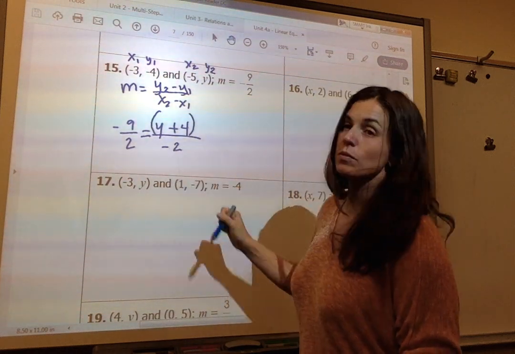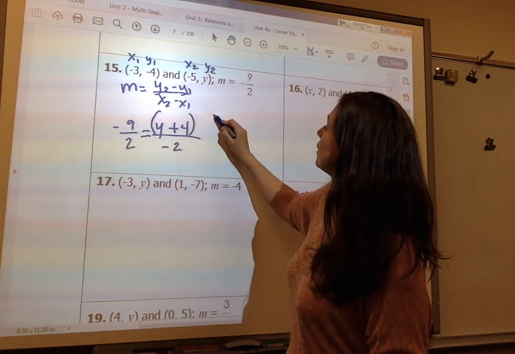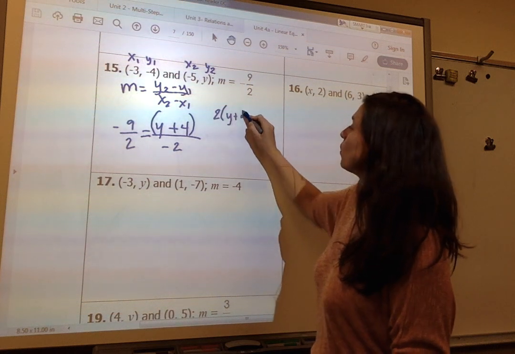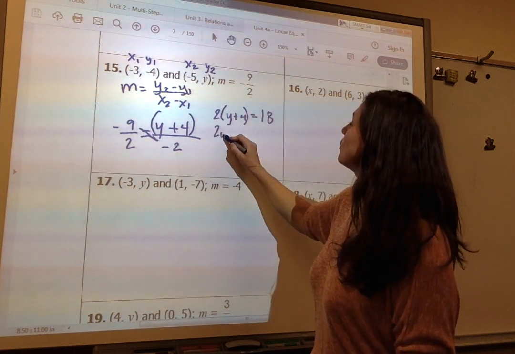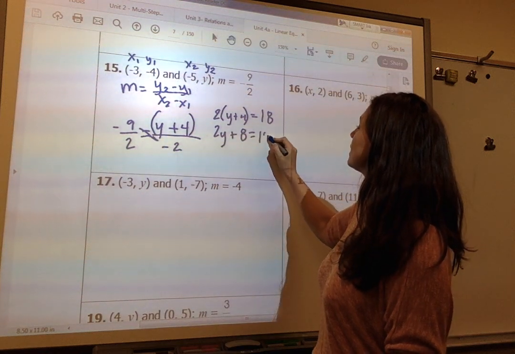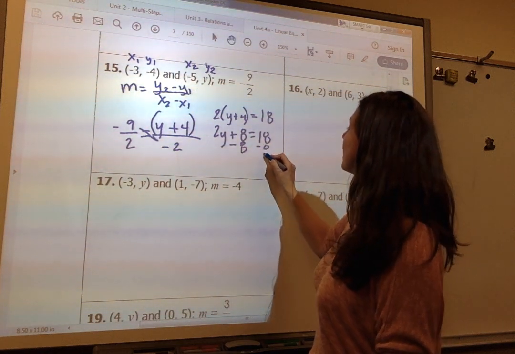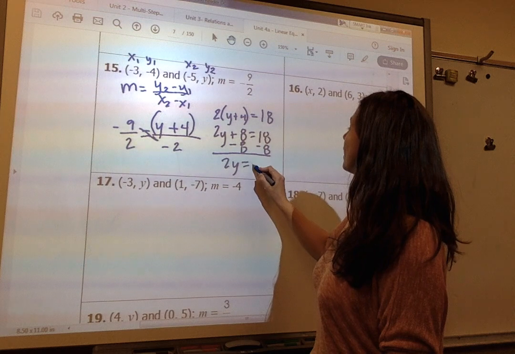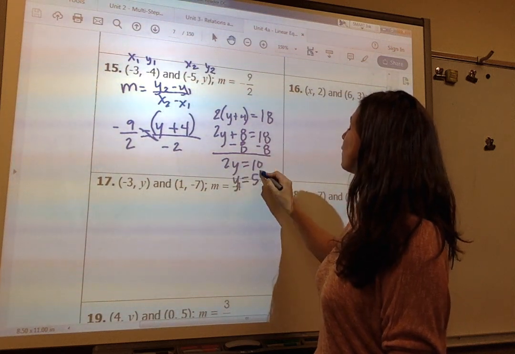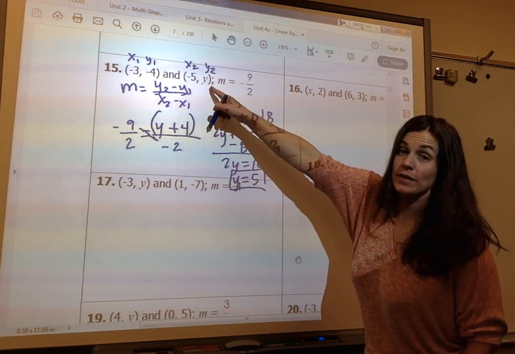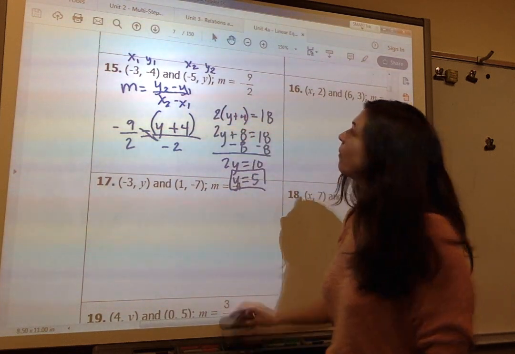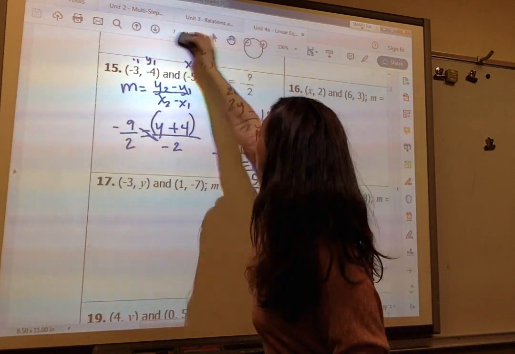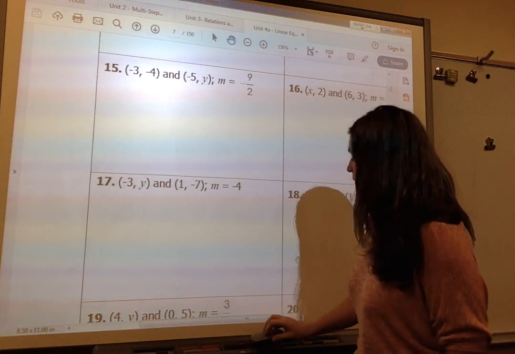So now when I cross multiply, I get 2 times y plus 4 equals -9 times -2 is positive 18. So 2y plus 8 equals 18. Subtract 8 on both sides. 2y equals 10. Y then equals 5. So my value for the second ordered pair, y, is going to be 5. Right? That's number 15. Hopefully you paused and tried these on your own.